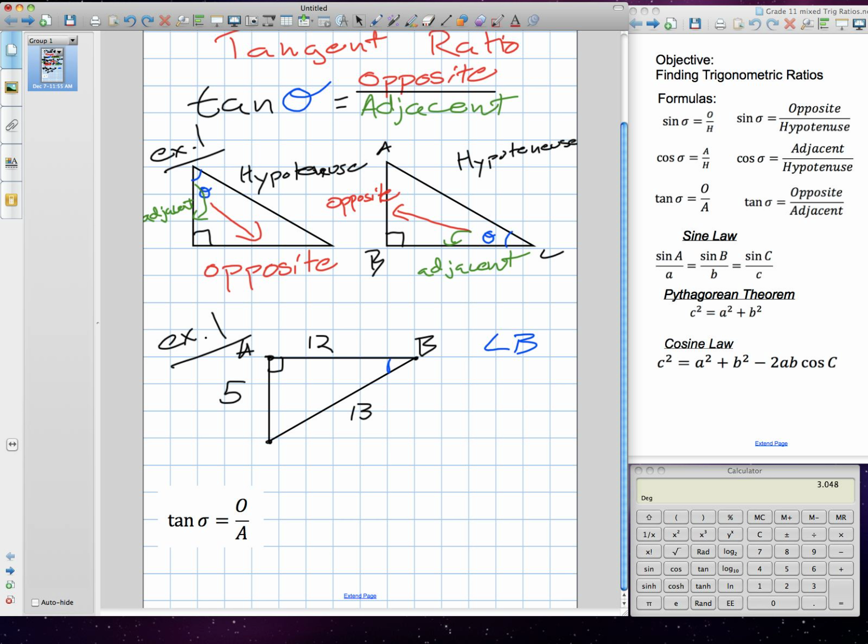Tangent, we're going to call the angle our theta, is equal to, which side would be considered my opposite side? I want you to write the name of the triangle first. AC, good. So our opposite side is AC. And what is considered our adjacent side?